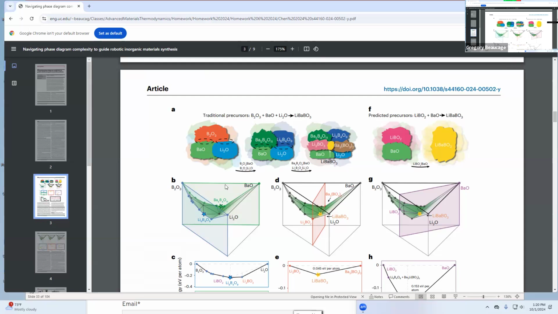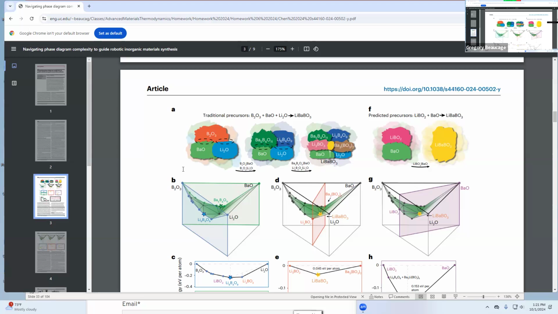You mill them up, and then heat them up in a furnace to some temperature, and you hope that they go through some reaction where they swap out the metals, like the transition metal swap. And you hope that that becomes randomized.